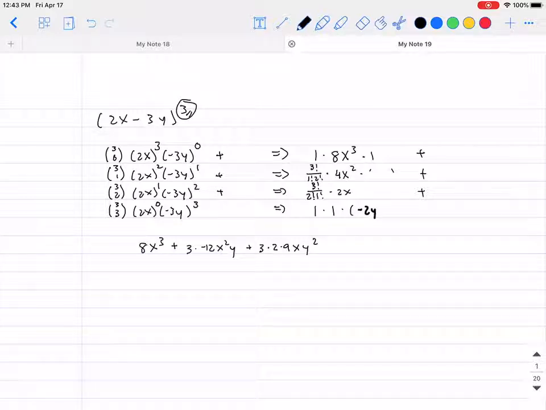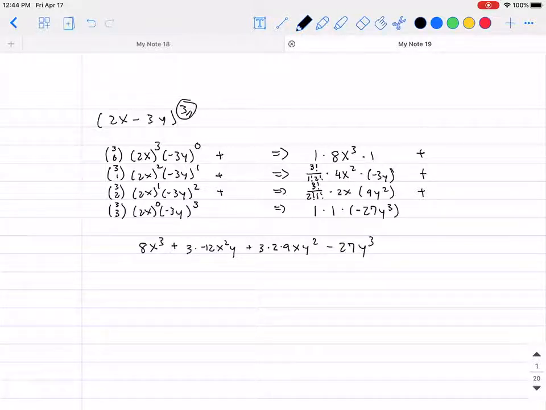I ended up erasing everything, so I do apologize for that. Okay, sorry. So negative 27y cubed, that's what I had here. And this one was supposed to be 9y squared, whereas this guy is supposed to be negative 3y. So sorry for that small technical difficulty.